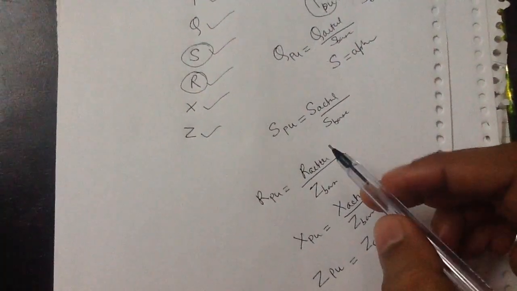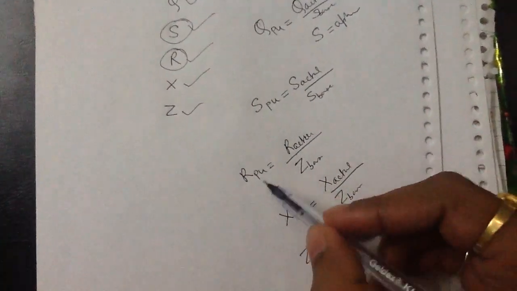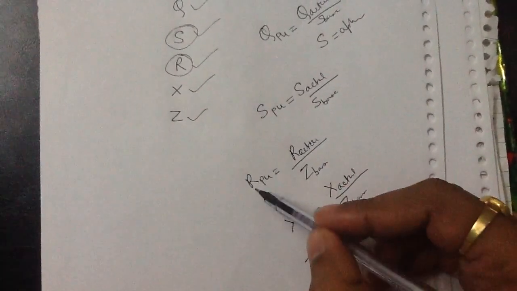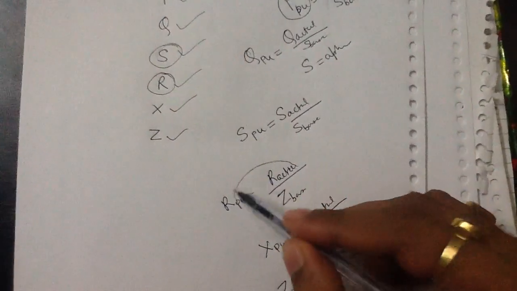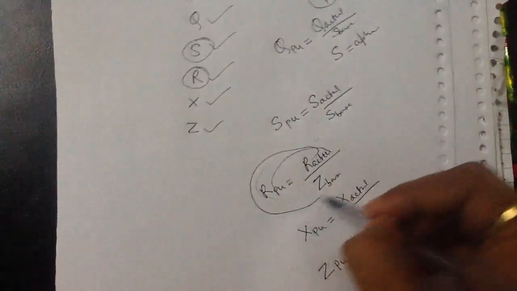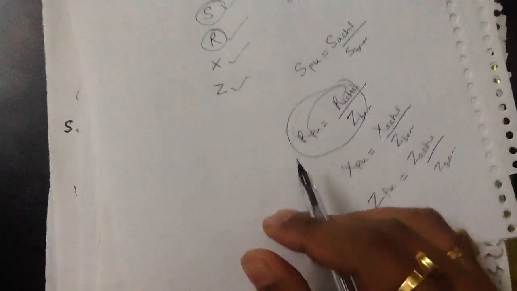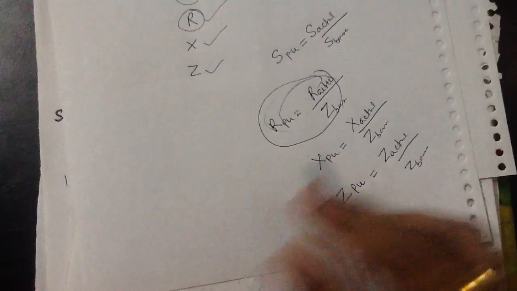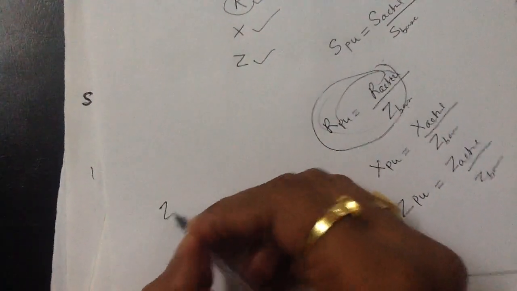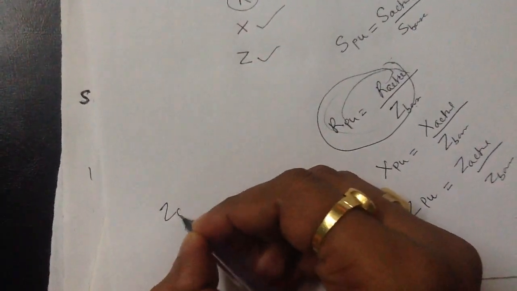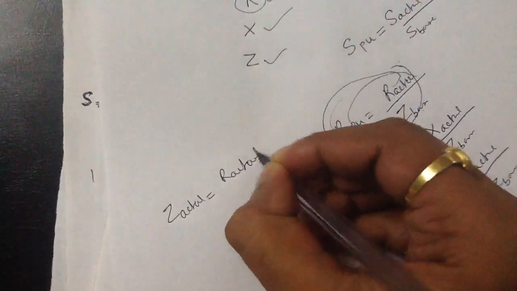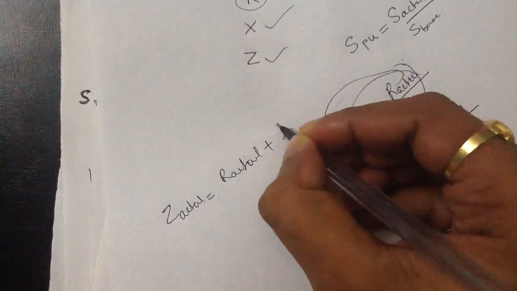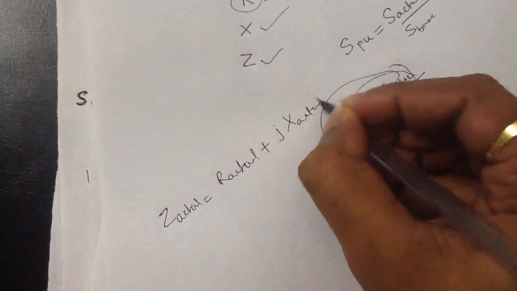So there may be a question in your mind, why are you not writing R per unit equals R actual divided by R base. The solution is, see, Z actual is written as R actual plus j X actual.